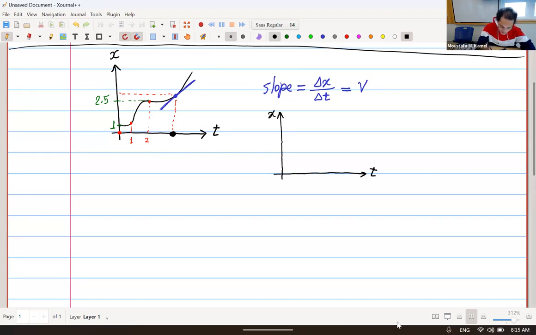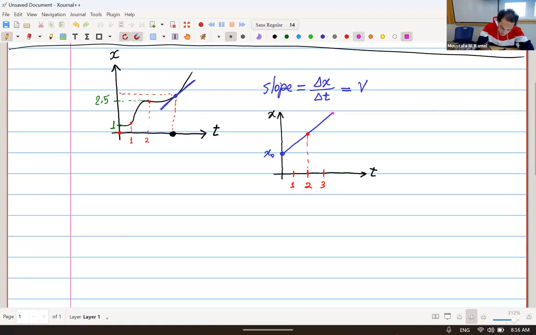So assume we have a graph like this. Okay, so it's a straight line starting at x0. So if I wanted to get the velocity at t equal 2 seconds here, what you do is that you can get the slope of the whole line because the slope of a straight line doesn't change.